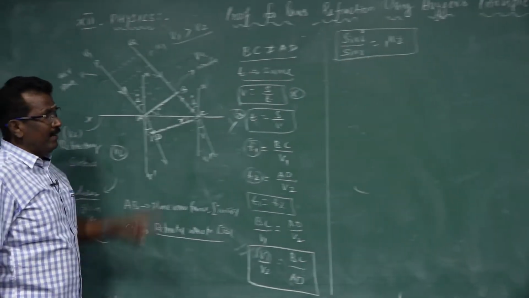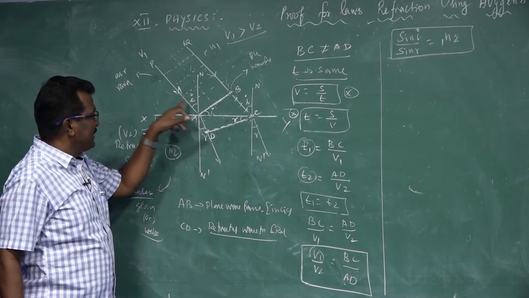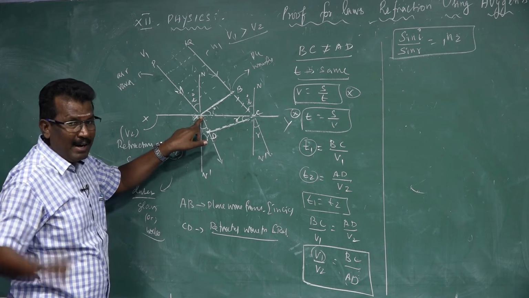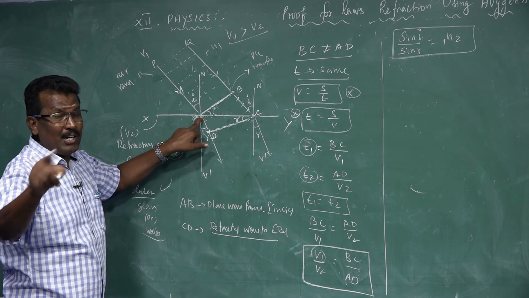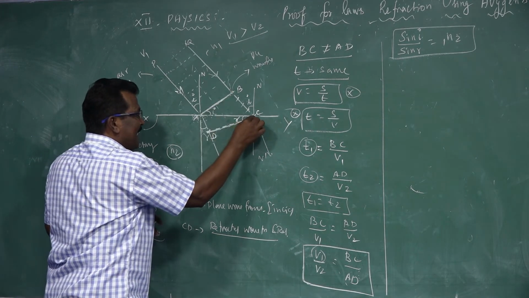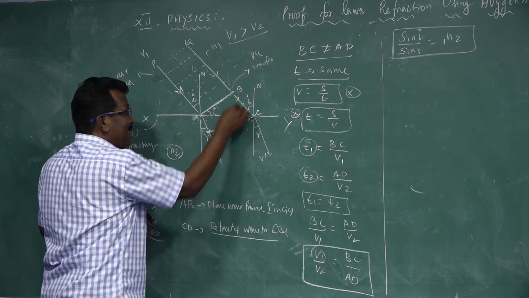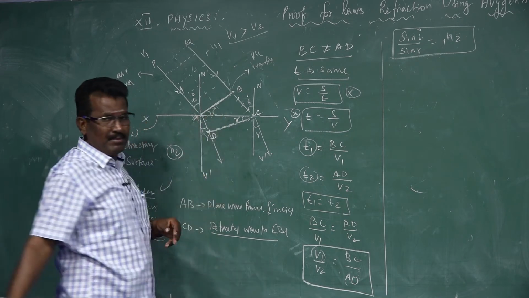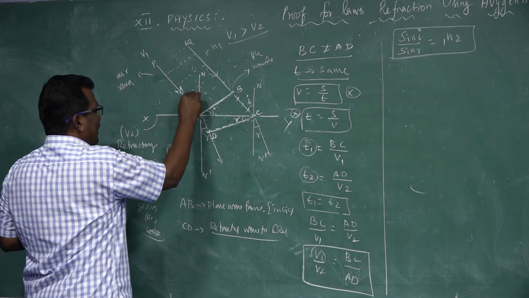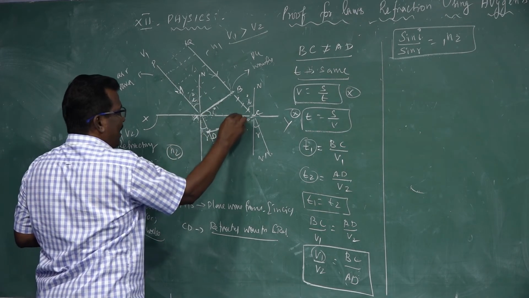Now we are going to prove that the incident beam, refracted beam, and normal lie on the same plane according to the law of refraction. By using the Huygens principle, the incident wavefront, refracted wavefront, and normal lie on the same plane. Now calculate i and r.